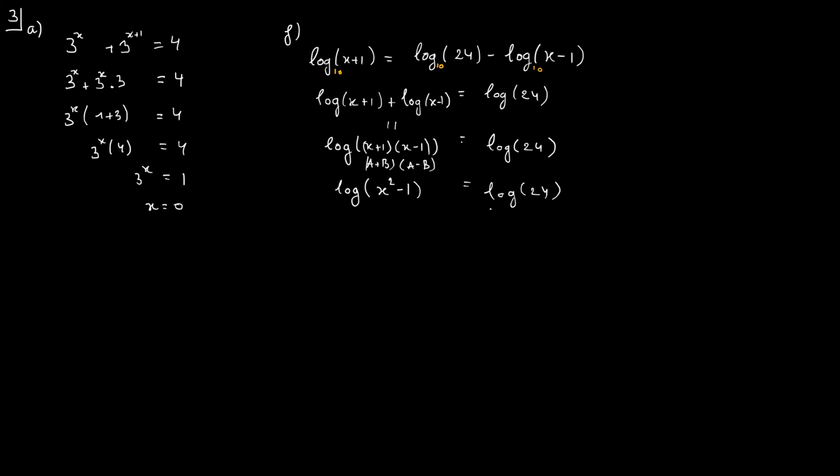Now you can say, obviously these things between the brackets need to be the same, but if you don't see that, you could say these logarithms are kind of messing me up and I want to get rid of them. Because these are base 10, let's raise both sides to the exponent base 10, so it becomes 10 to the power of what was written: x squared minus 1 is equal to 10 to the log 24. Because these things are inverses of each other, they cancel each other out.